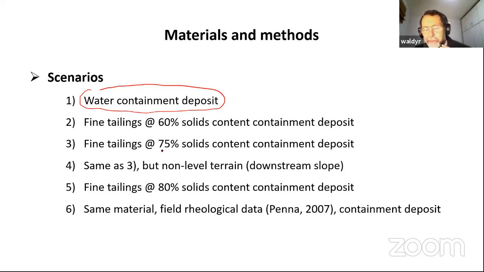Then one with a 75% solids content. Number 4 is the same as number 3, but with non-level terrain, so there's a downstream slope grade. The fifth one was with 8% solids content. And the last one is the same material, but using field rheological data.